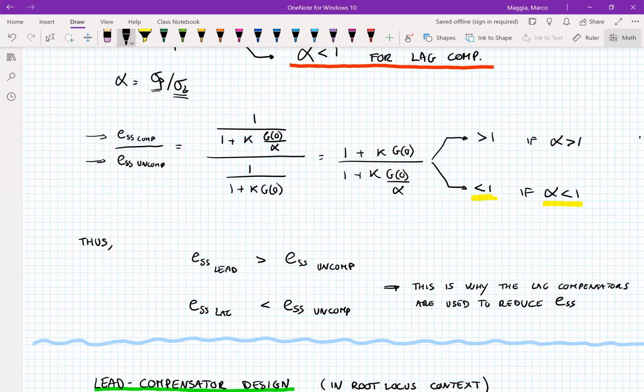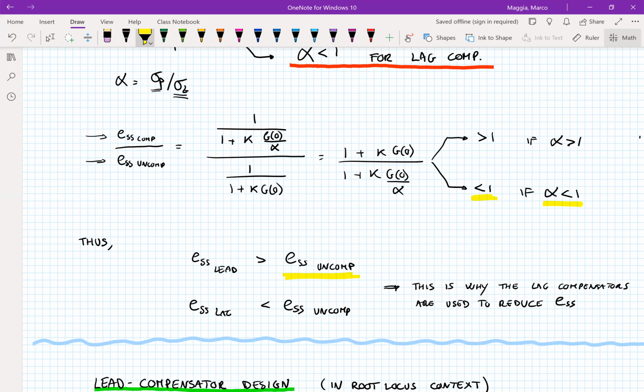But using a lead compensator will increase the steady state error. So let's say that now the steady state error does not meet our requirements anymore. So now we are with the settling time that is fine, but not with the steady state error. What do we do? Well, we simply add a lag compensator to take care of the steady state error.